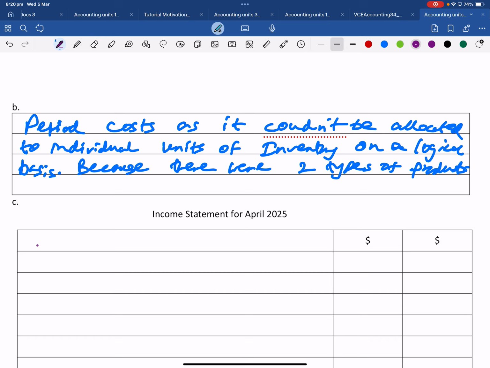What's the first item in this income statement? Revenue. What are the revenues? We have only one revenue, sales. How much is the sales here?